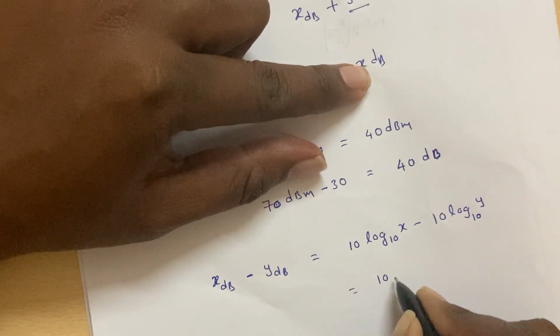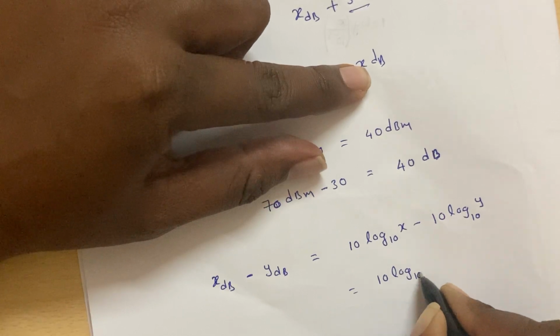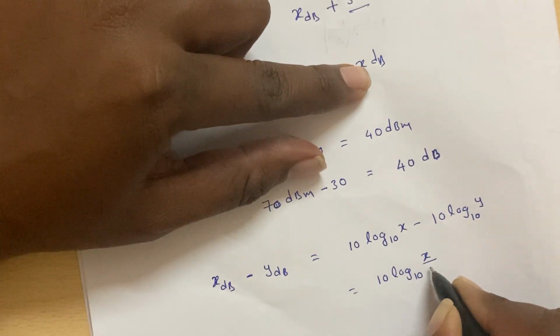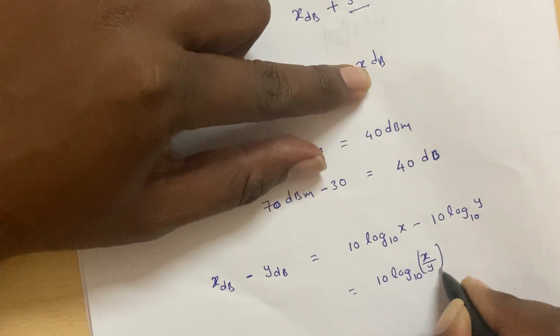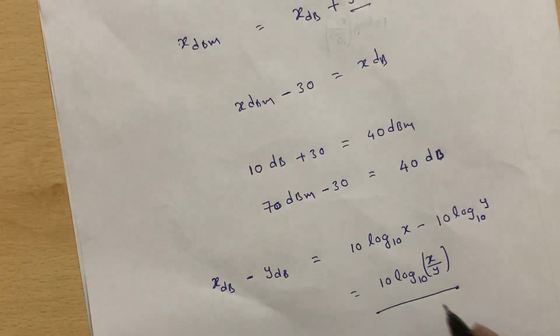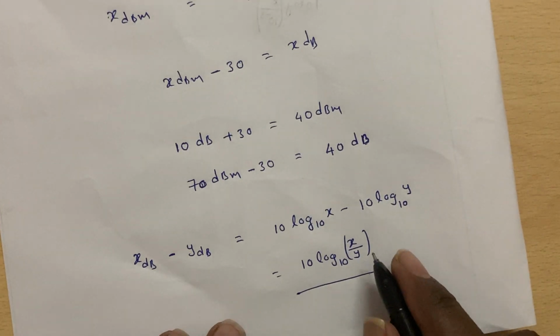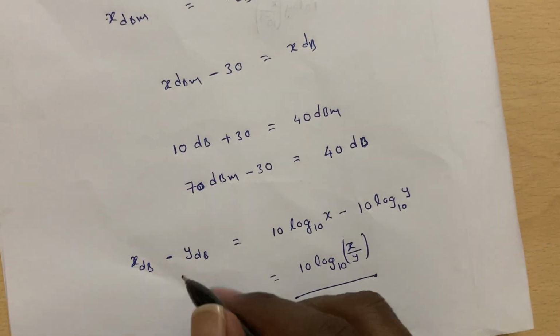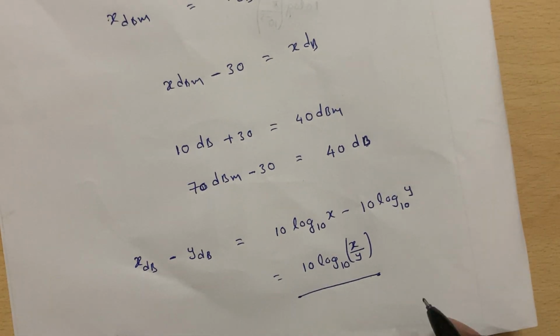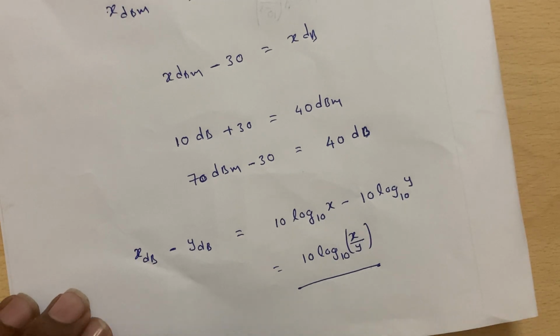So it will again be 10 log x by y. So it is also dB. So the difference between dB values will also be in dB.